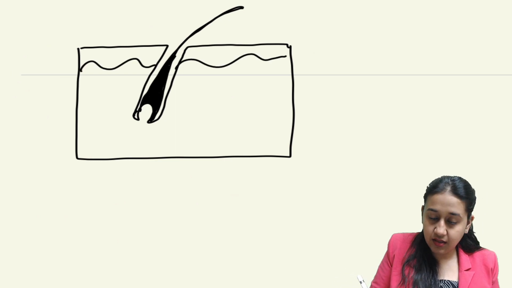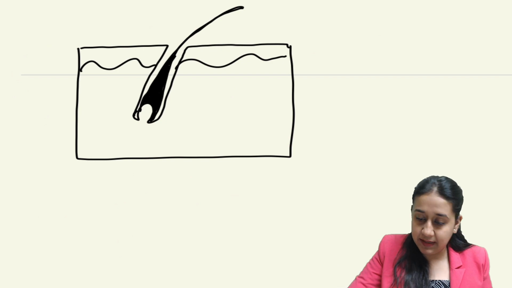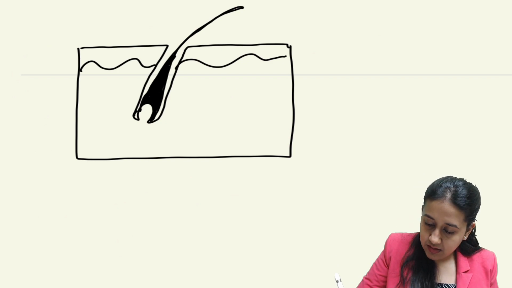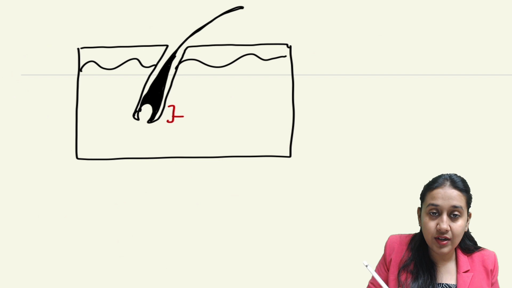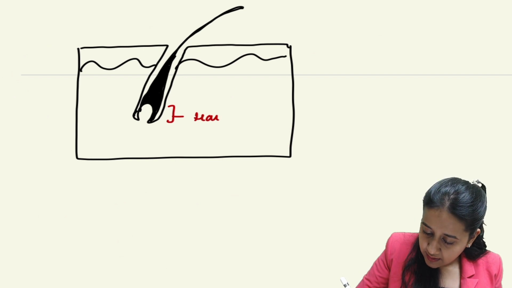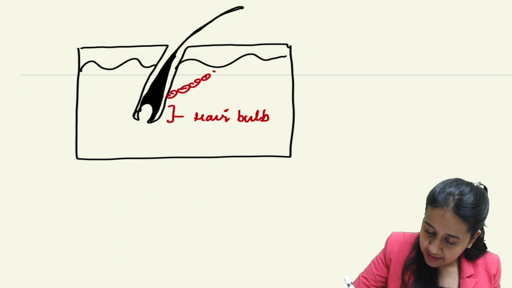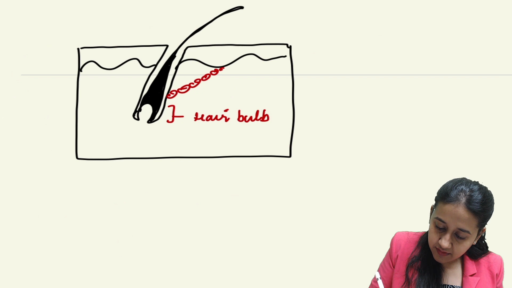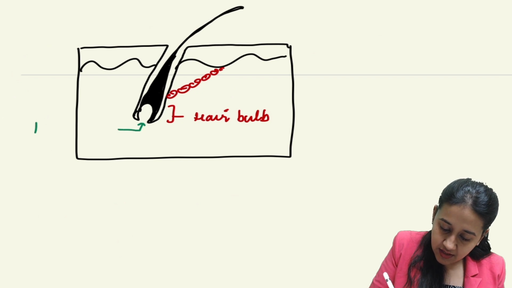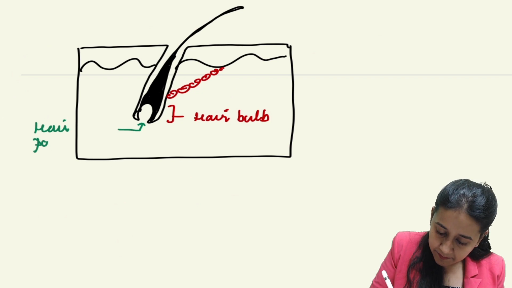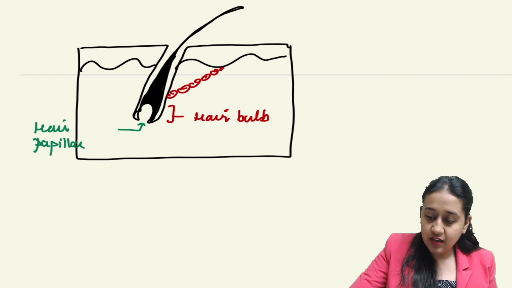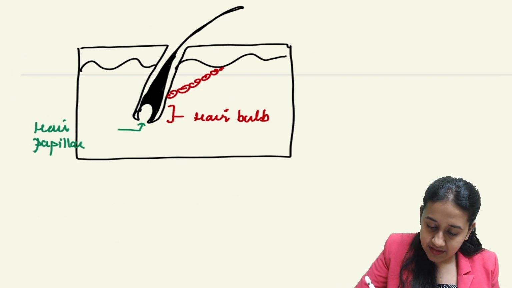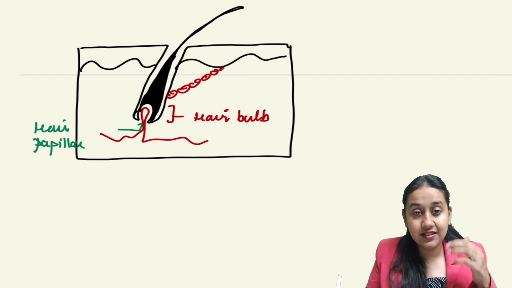So at the lower part, just below the attachment of the erector pili muscle, this part is the lower segment, which is also known as hair bulb. At this part, we have the invagination, which is known as hair papilla. Through the hair papilla, the blood vessels enter inside and supply the nutrition.